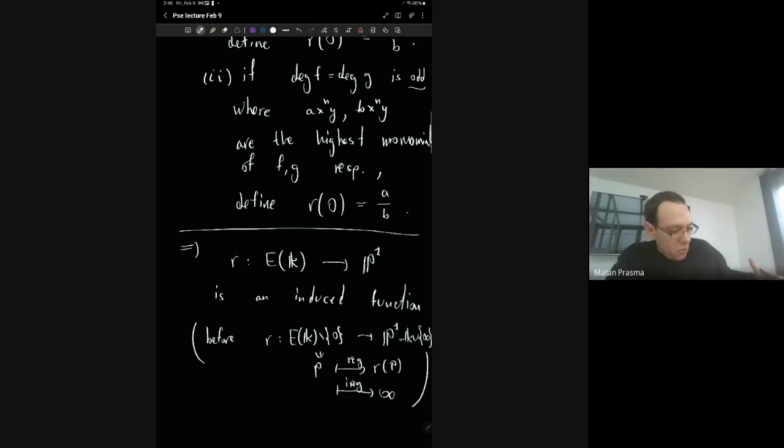But to make this picture nicer, we want to define the rational function at the point at infinity, and then we have the projective points on the curve mapped into the projective line.